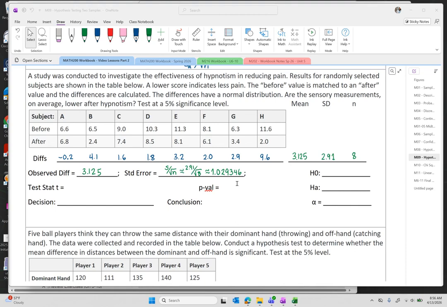The null hypothesis in the test for dependent samples is that the mean difference will equal 0, which means there was no difference before and after hypnotism.